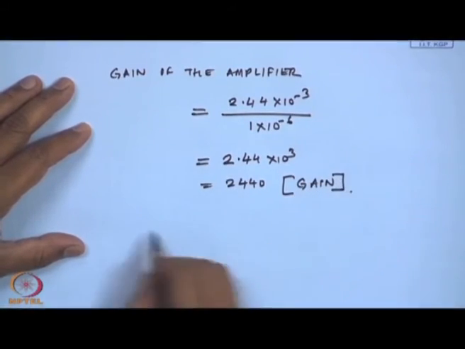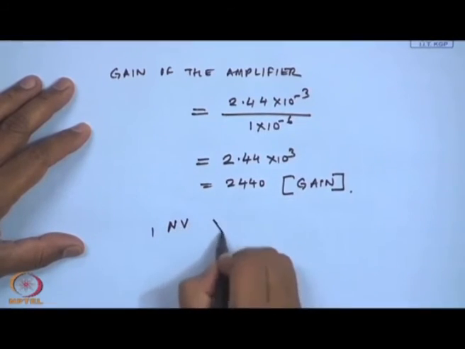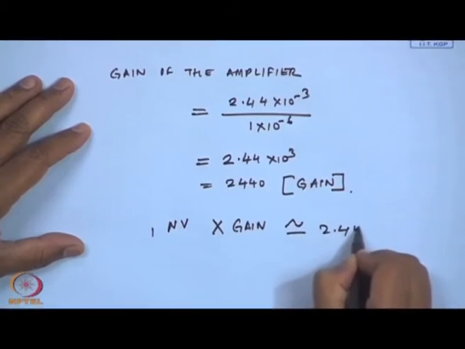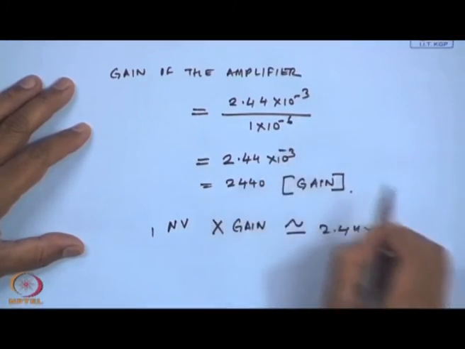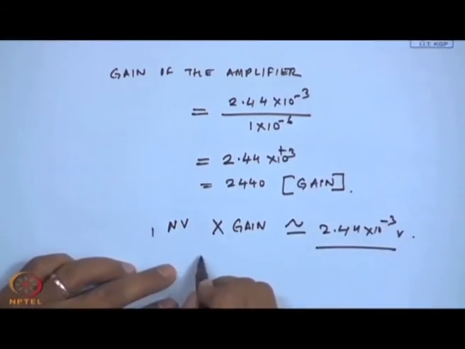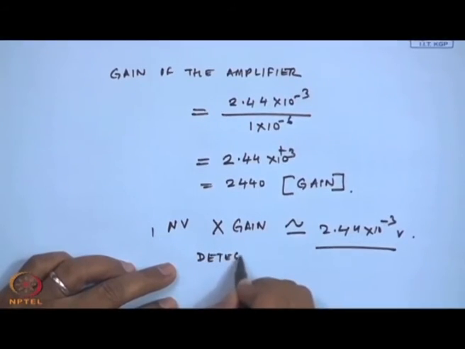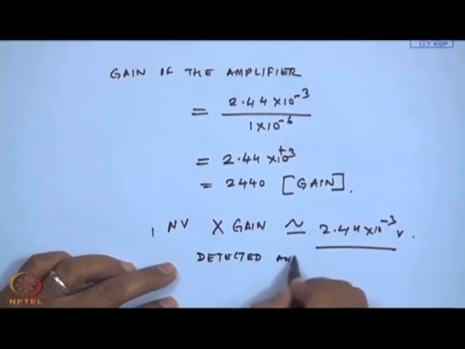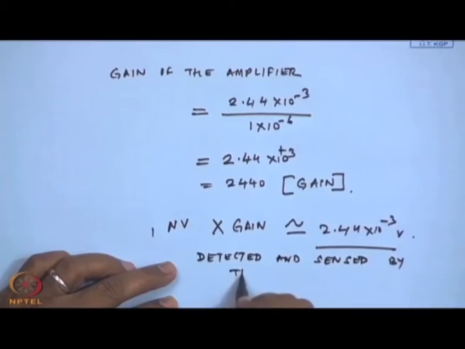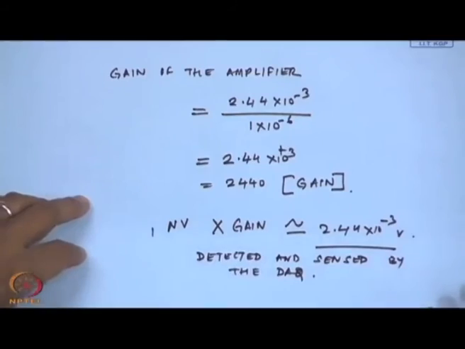That means, if I have a 1 microvolt signal, I multiply with this value of gain, I will get 2.44 into 10 to the power, sorry, minus 3 volt, which can be detected and sensed by the DAQ.